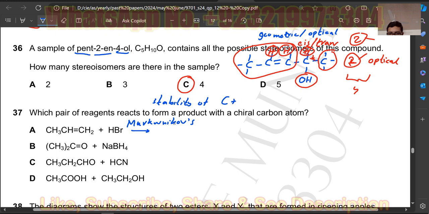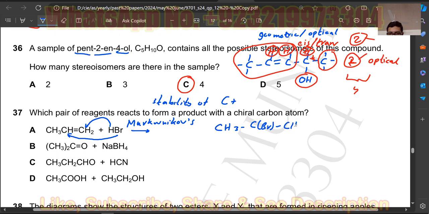If it is according to the Markovnikov rule, then you will get the product in which the hydrogen will add on this carbon and bromine will add on this carbon. So I can write CH3CHBrCH3. I'm writing the abbreviated form with C.